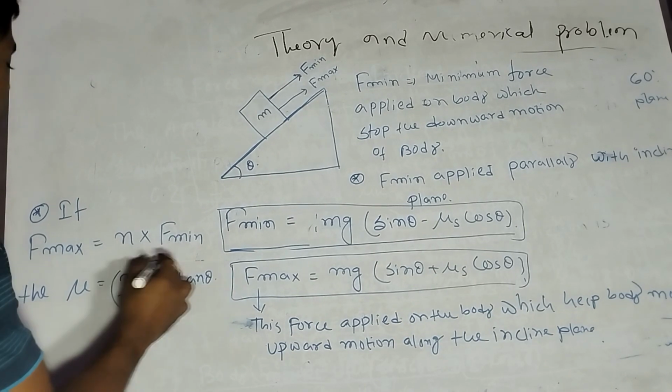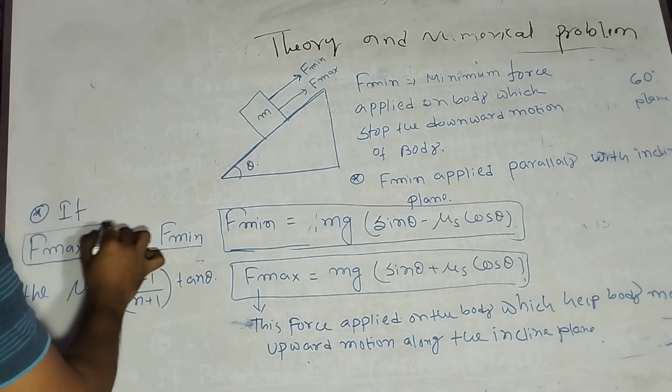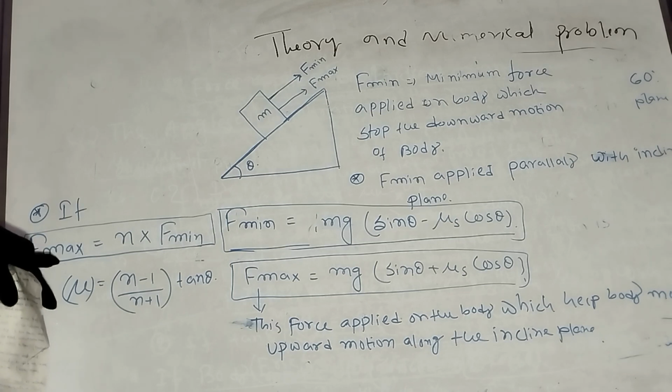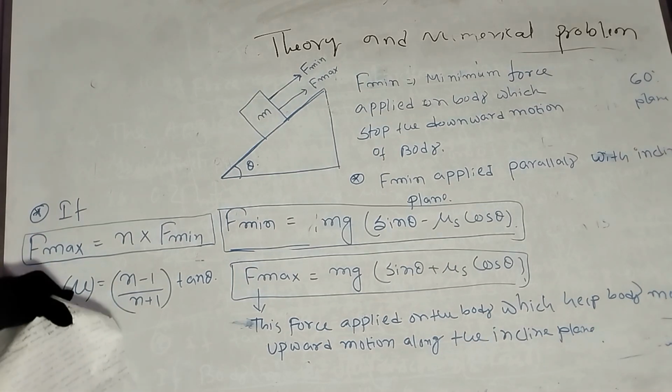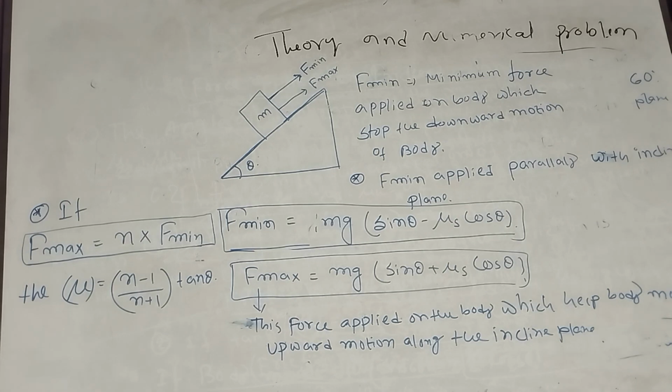This is the numerical problem data. So if a question says F max is n times F minimum and asks for the mu value, the direct equation can be applied: (n minus 1) divided by (n plus 1) into tan theta.